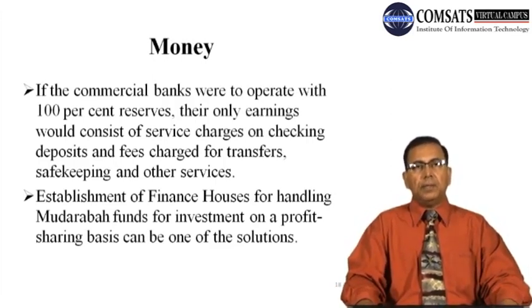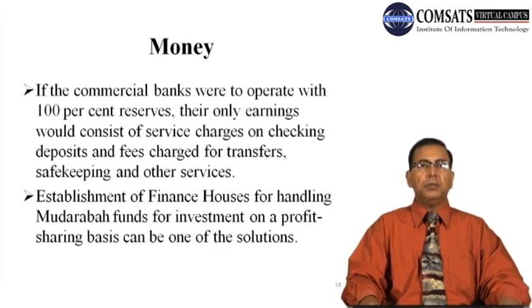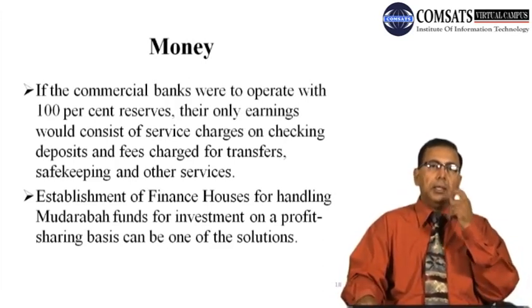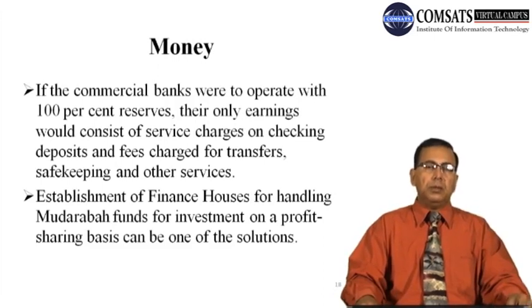The role of financial institutions or the commercial banks is reduced to a minimum level, and as I mentioned in the slide, the banks then would be functioning for receiving or paying the service charges for the services which they are providing for the safekeeping of deposits of the money, for the transfer of money from one monetary center to another, from one trading center to another, but this is a very limited role.